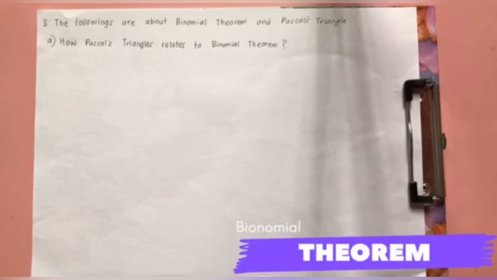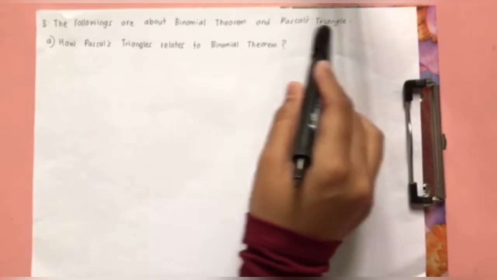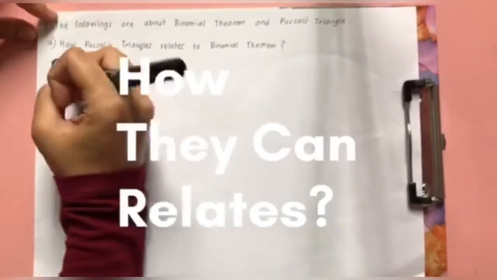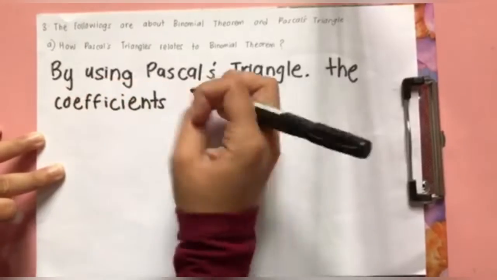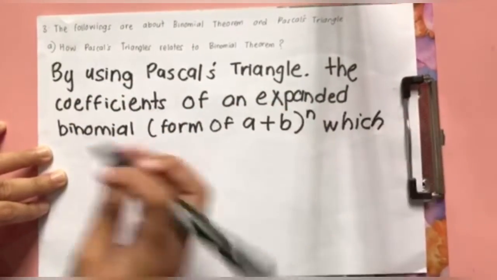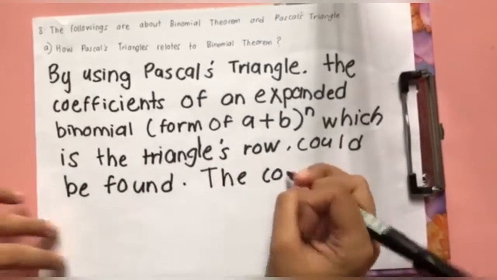The following are about binomial theorem and Pascal's triangle. How Pascal's triangle relates to binomial theorem. By using Pascal's triangle, the coefficients of an expanded binomial form of a plus b to the power of n, which follow the triangle's rule, could be found.